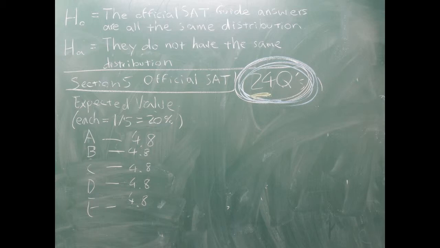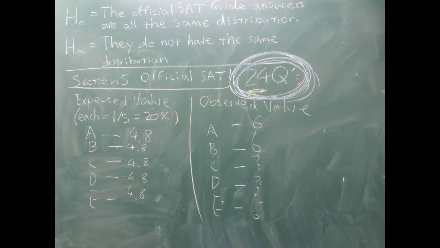Our expected value is 24 over 5, 24 being the total number of questions and 5 being the number of choices that you have. Here, the observed values that we took were the answers in the 24 questions of the SAT itself. We found out that 6 were A, 6 were B, 3 were C, 3 were D, and 6 were E. This is the equation for chi-square goodness of fit test.